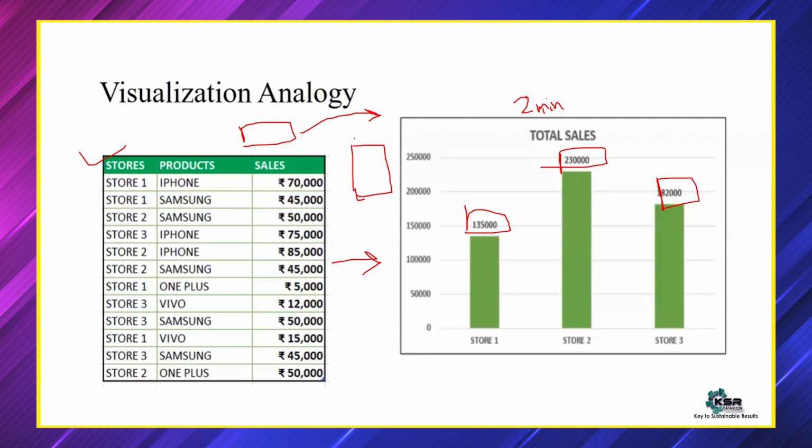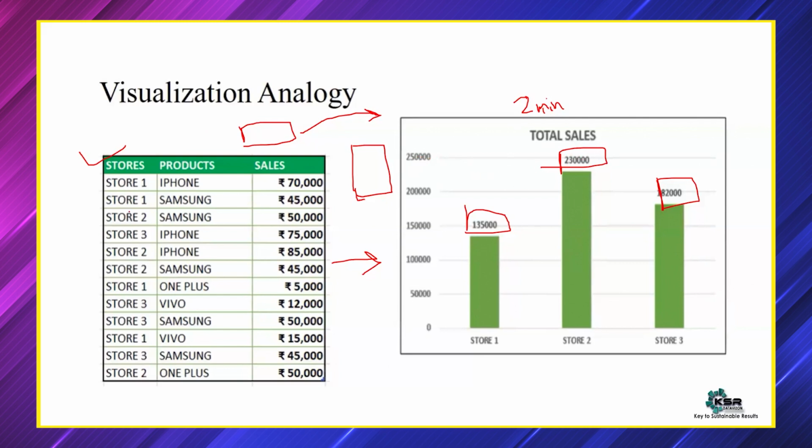Maybe not our backend data, only the front end reports or charts which we are creating, we can share with the stakeholder. Whereas in Excel, probably we have to share the data set along with it, and that is also visible to the stakeholder. The stakeholder's only focus is to understand which store has the highest sales.